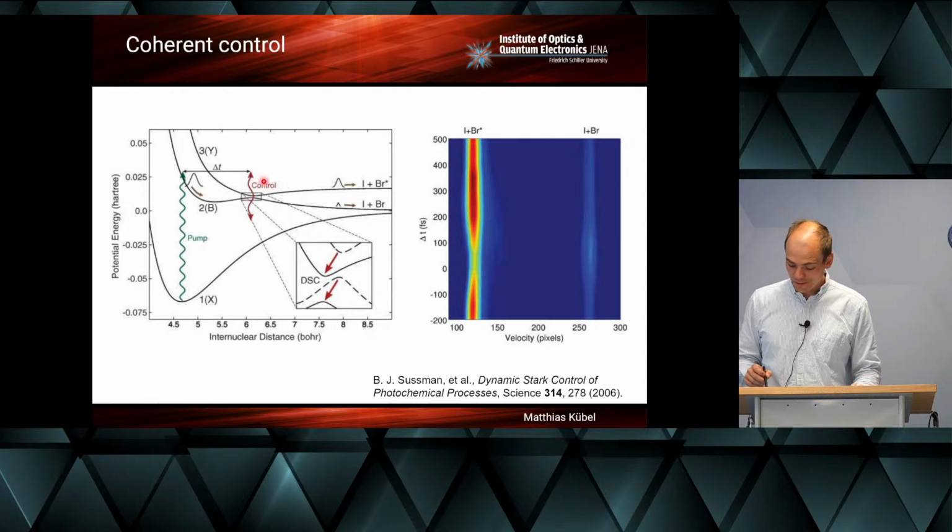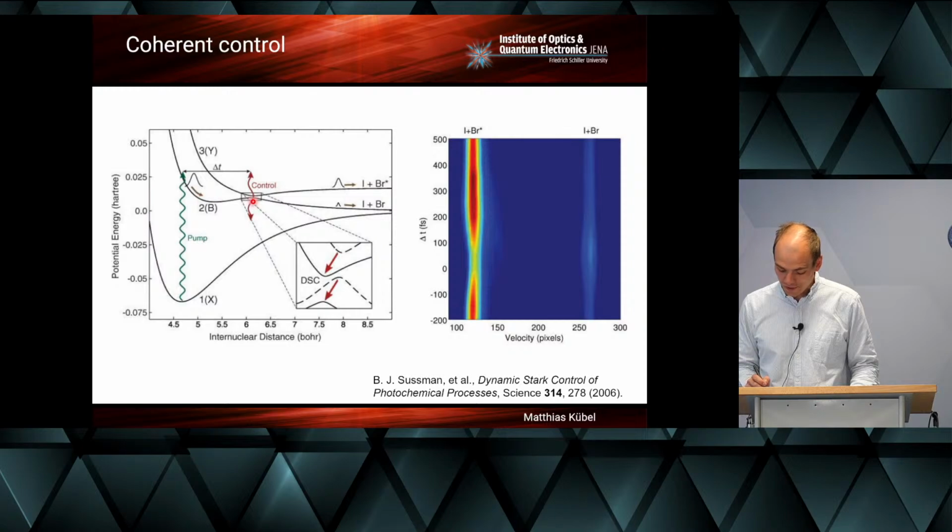And what they showed in this experiment was, when they bring up the molecule to this lower state here, which would usually go into, well, I guess, they have two crossing states here, and so usually this would produce an excited bromine atom. So this would dissociate into iodine plus an excited bromine, and this crosses a state which leads to a non-excited bromine.